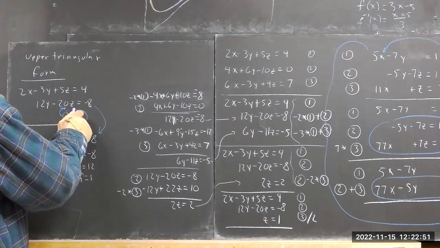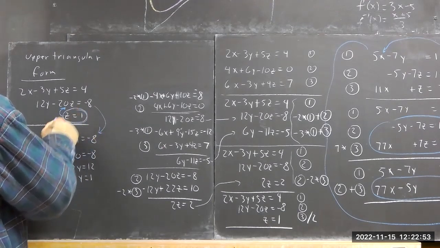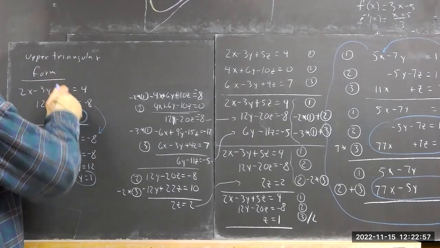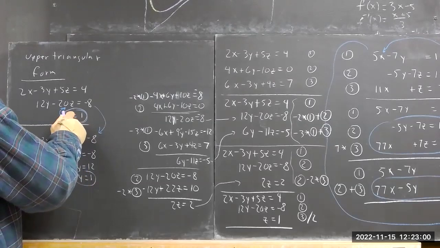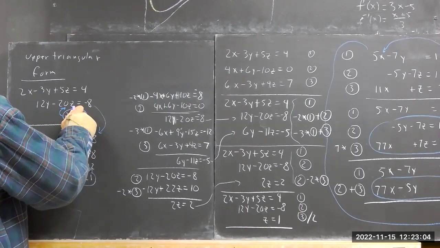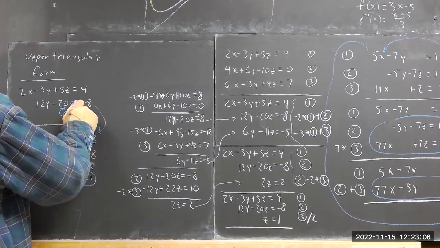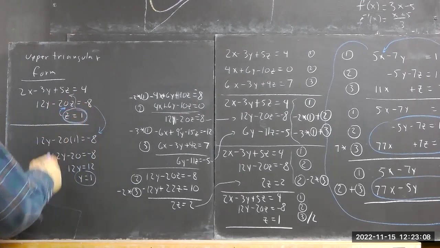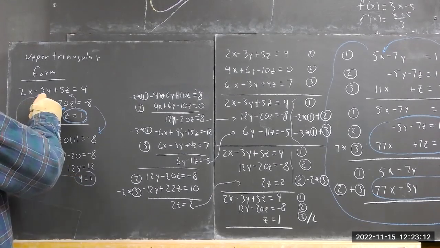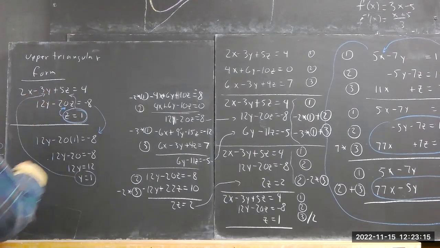Plugging z equals 1 and y equals 1 both in the first equation, my z equals 1 is going to go there. My y equals 1 is going to go here.